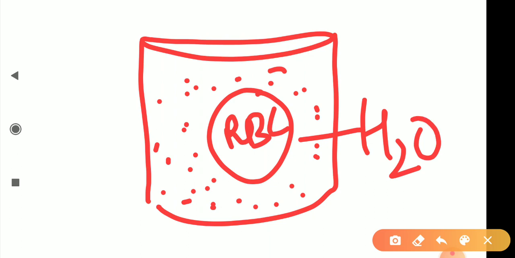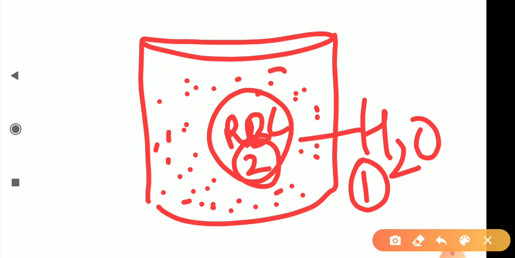So this is one environment, that is outside, and the second environment is inside the cell, in the cytoplasm, what kind of solute and solvent are present, which we compare with the outer one. So when we compare the inner environment with the external one, we use the terms isotonic, hypertonic and hypotonic.